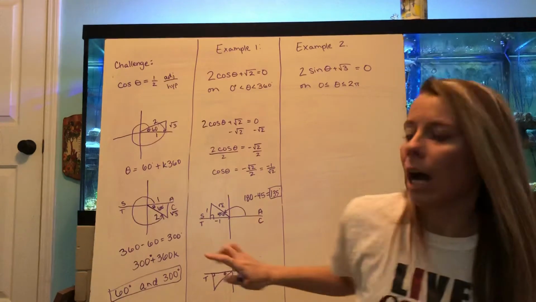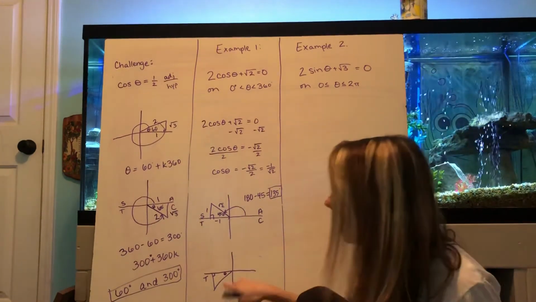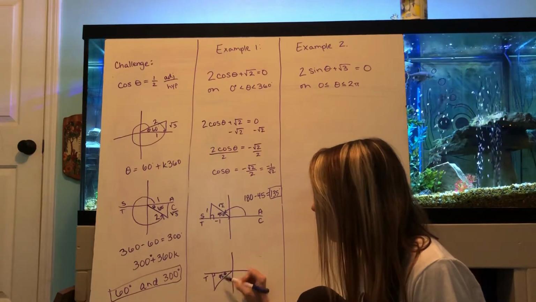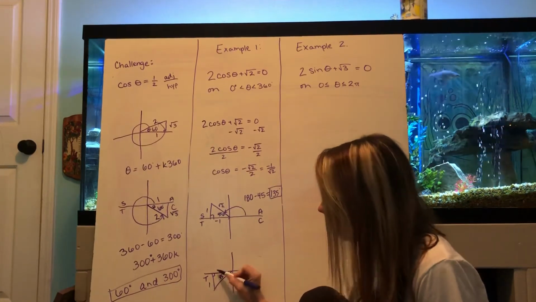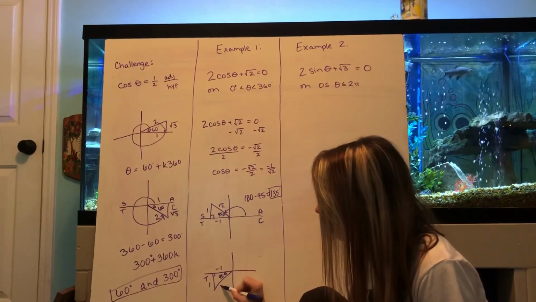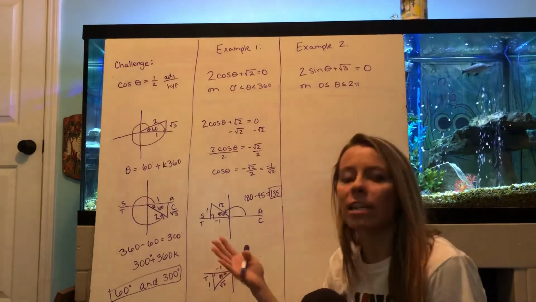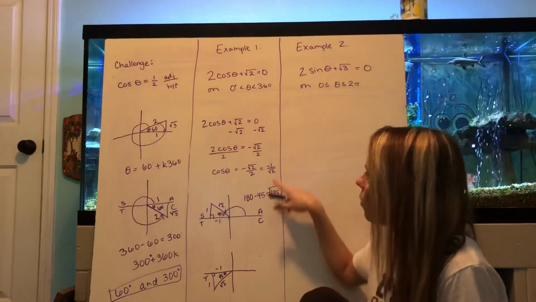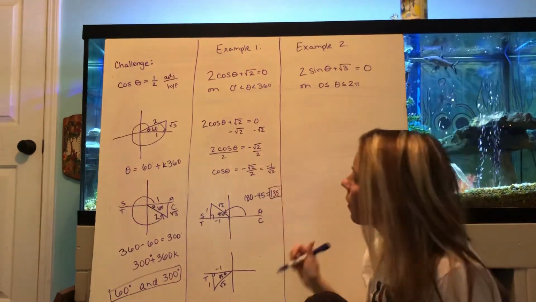Okay, now I go down here to this one, and this is 45 degrees again, because I'd have 1, this would be negative 1, root 2. So when you're thinking about cosine, it'd be negative 1 over root 2, which is negative root 2 over 2.